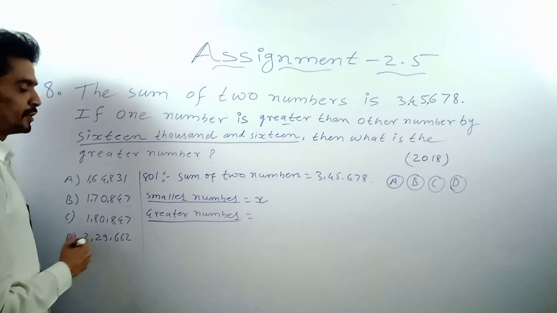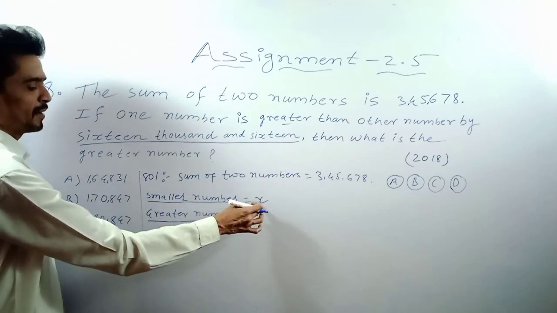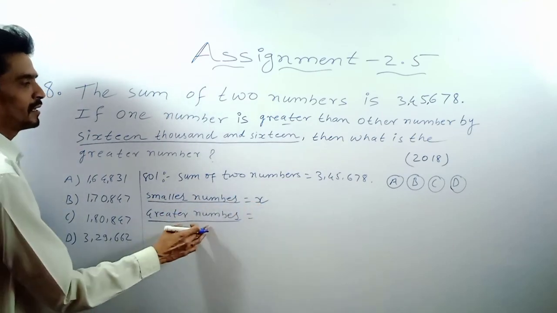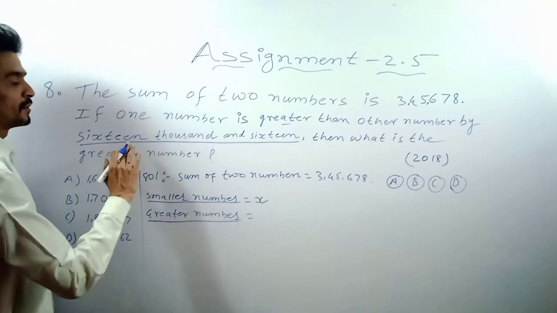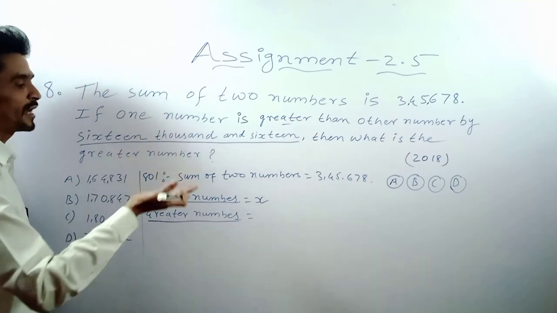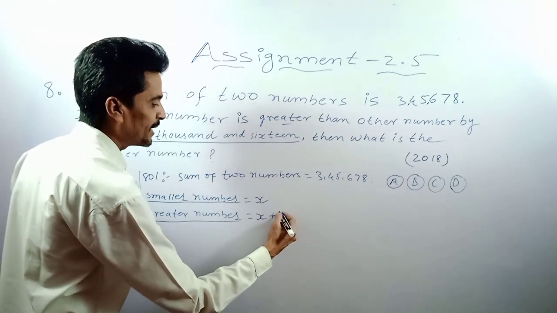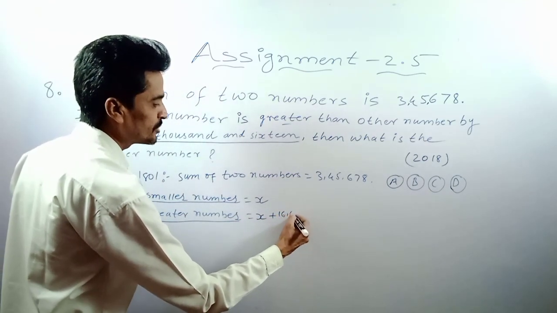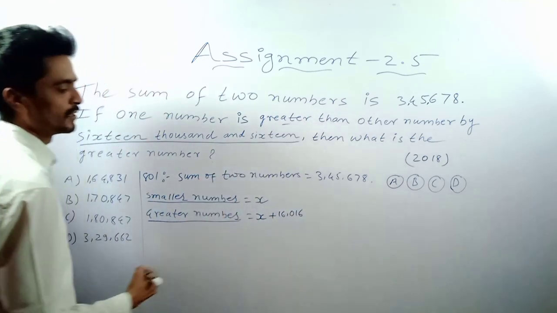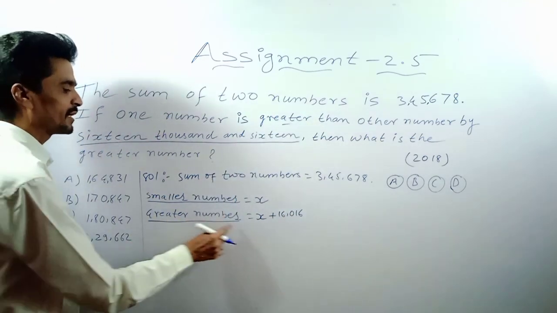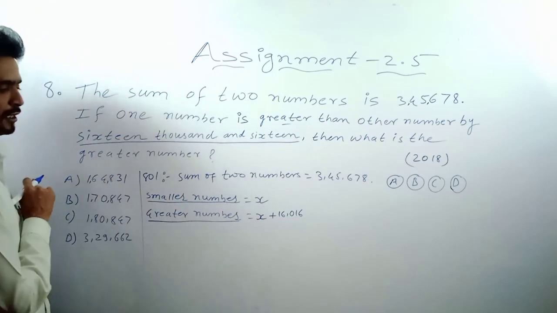And the greater number, how much greater? 16,016. So to the smaller number we add 16,016, then that number will be greater than the smaller number.